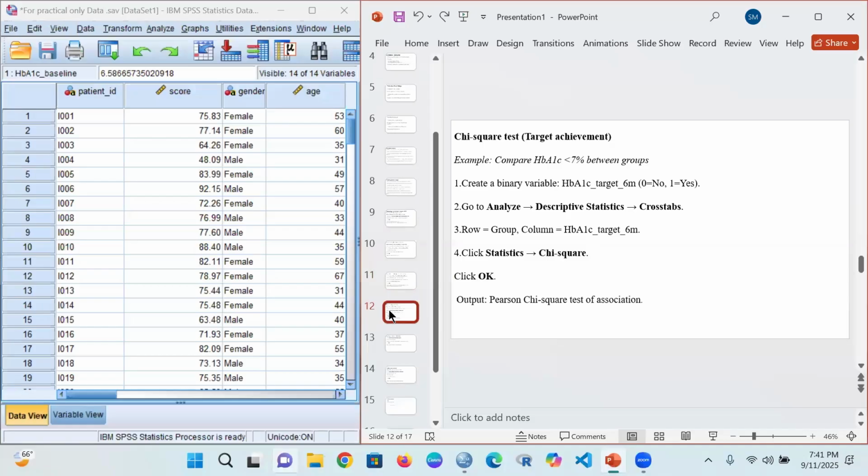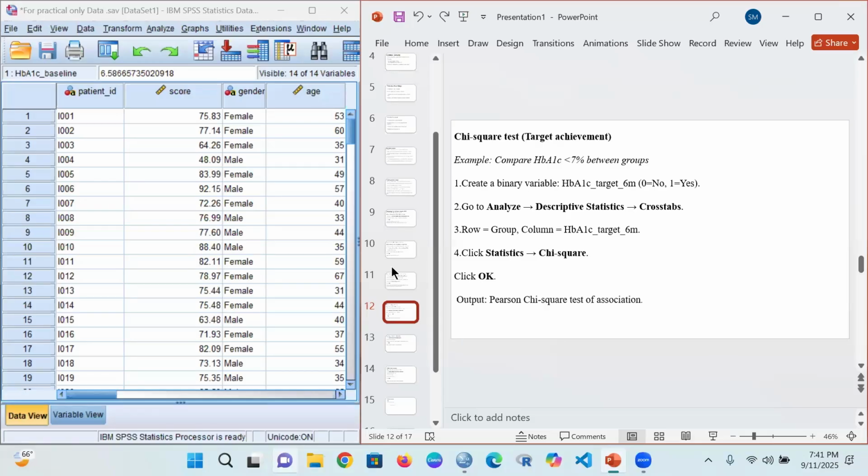Let's go to conducting a chi-square test. To conduct a chi-square test, we want to compare HbA1c less than 7% between groups. We want to see how many patients, after the 6 months of the control, recorded HbA1c less than 7. For example, any patient who has an HbA1c recording less than 7 achieved the target we wanted in our study.